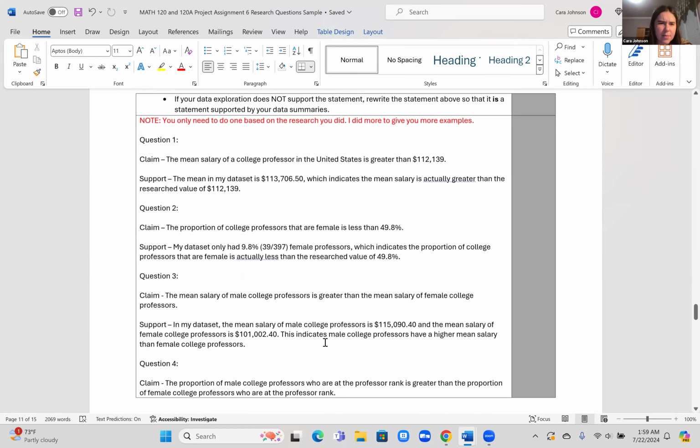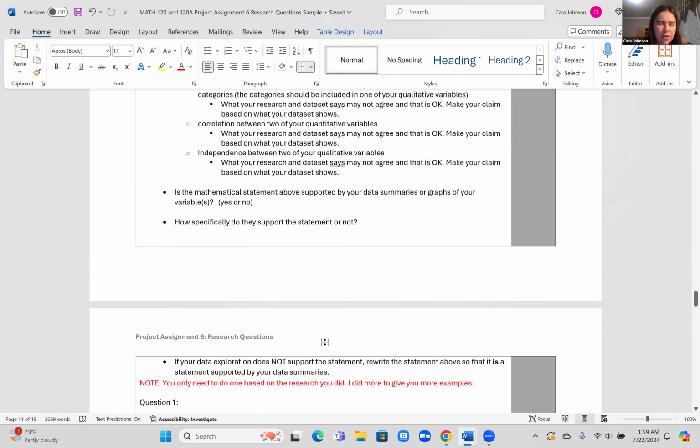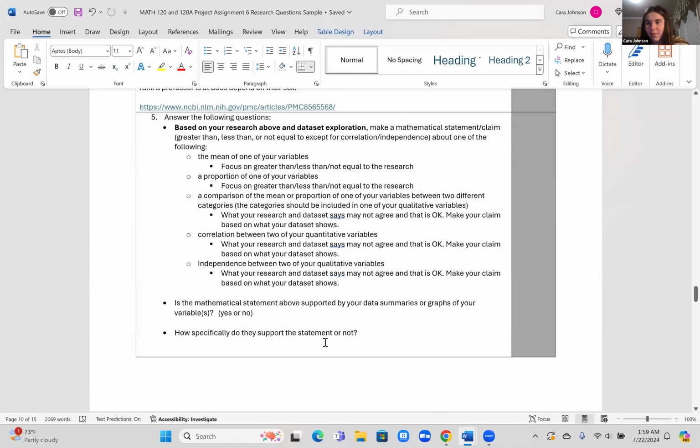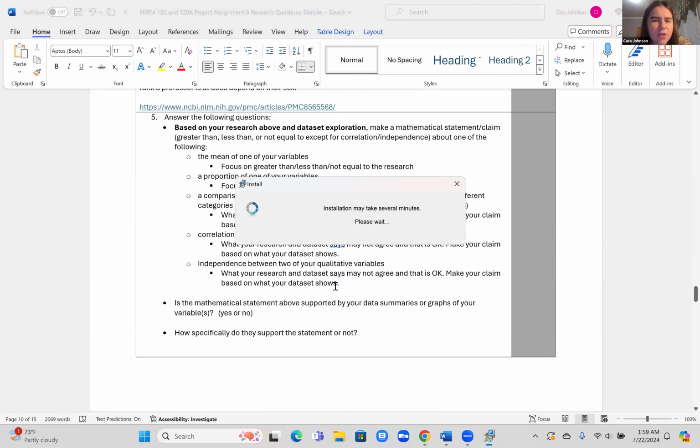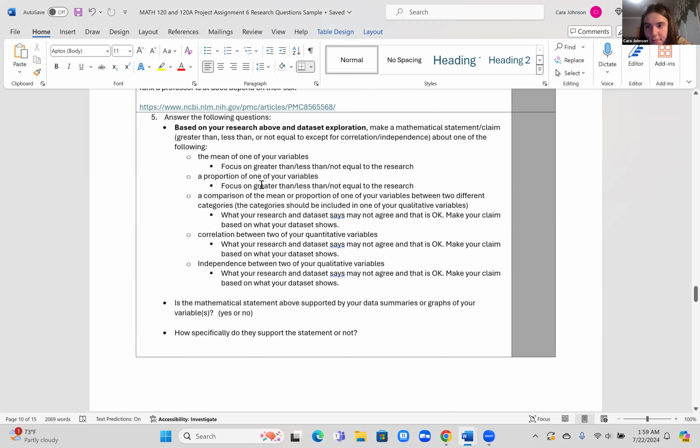So once again, for these claims, let me do a quick recap here. You only have to do one, first of all, and it's going to be based on whatever you did the research on. But unless you're doing a single mean or a single proportion, so you're just dealing with one quantitative variable or one qualitative variable and the numerical value for the mean or proportion of that variable, that one you're going to be comparing the number that is in your data set to the number that's in your research.